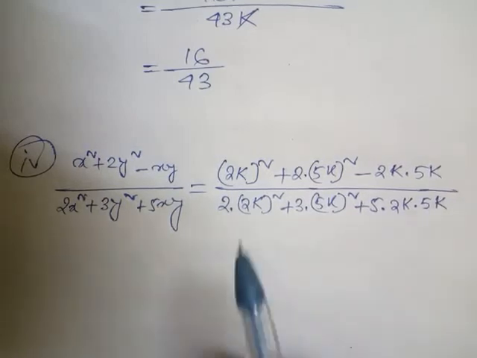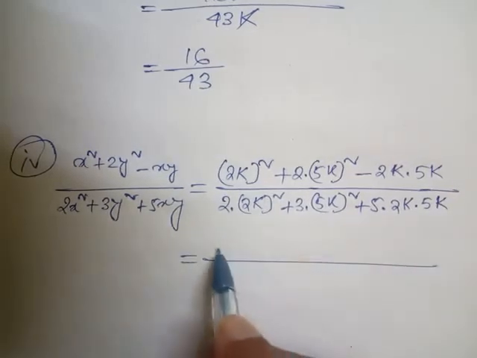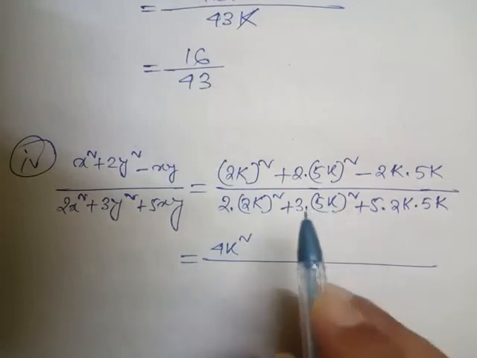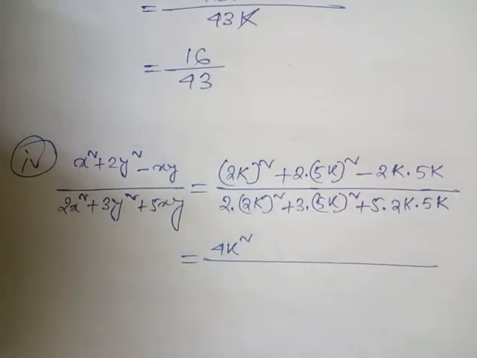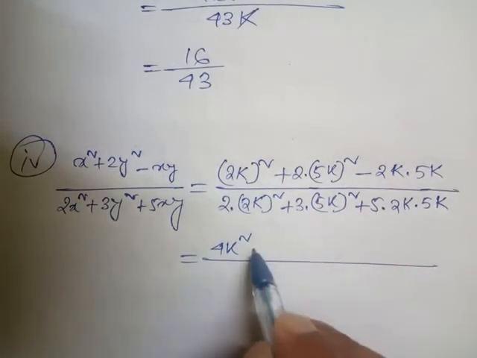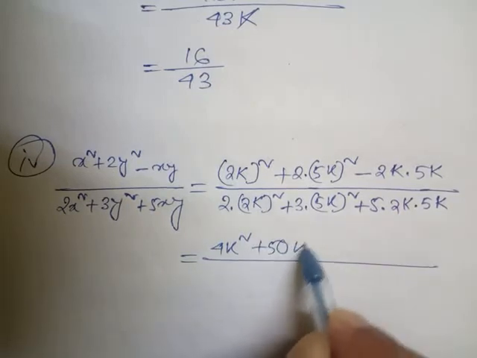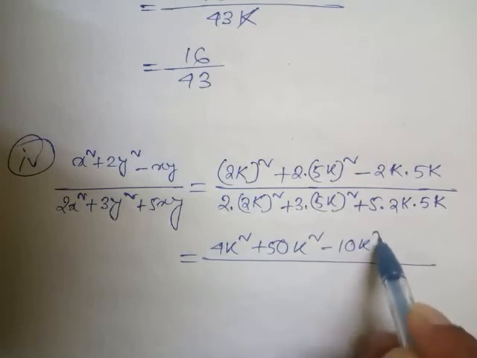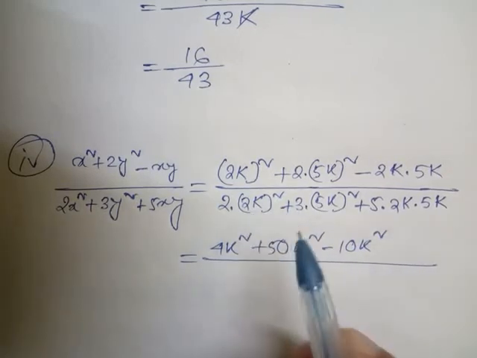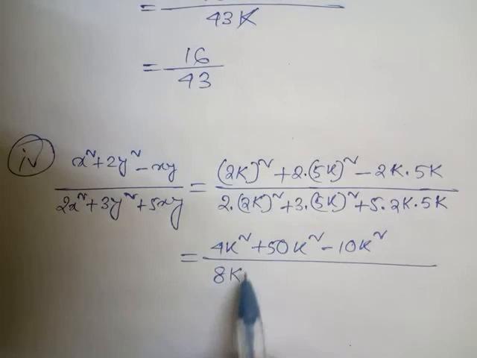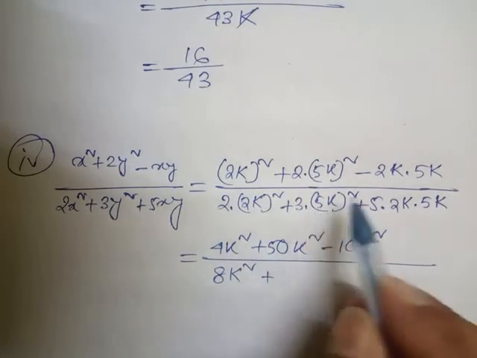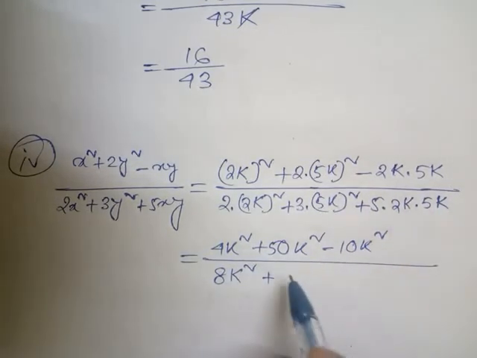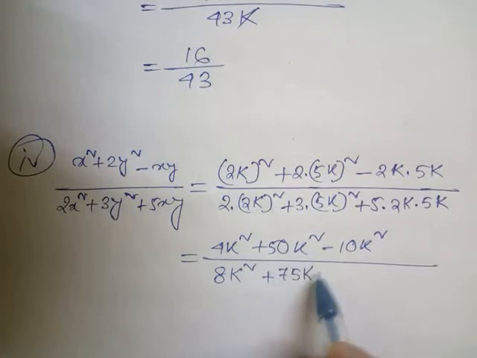Now look, 2 square is 4k square. Now 5 square is 25, 25 into 2 is 50, so 50k square. 5 times 2 is 10, k into k square. 2 square is 4, 4 times 2 is 8, 8k square. 5 square is 25, 25 into 3 is 75, so 75k square.